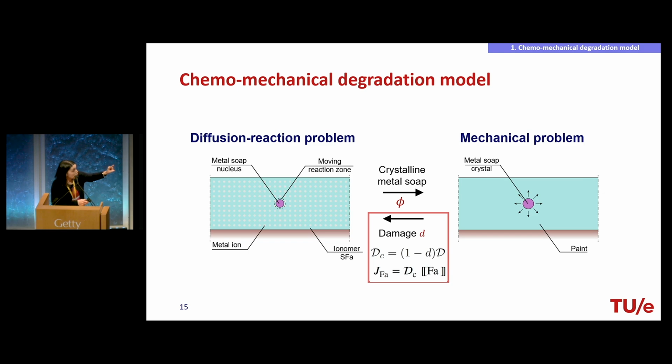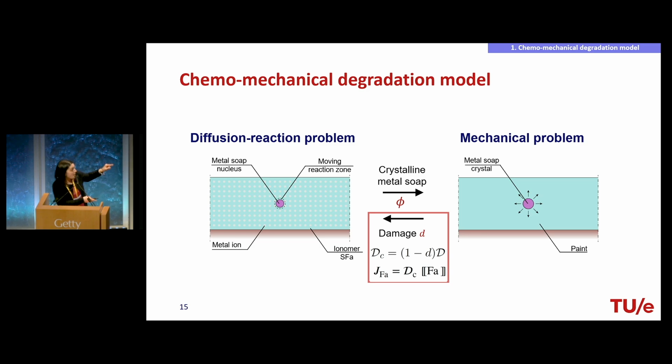So let me go back to this scheme. I mentioned that the chemical problem influences the mechanical problem, right? Because the crystalline metal soap concentration is the driving force for creating damage. But the mechanical problem also influences the chemical one, because when cracks open up, the diffusion of the fatty acids across these crack faces will be changed.